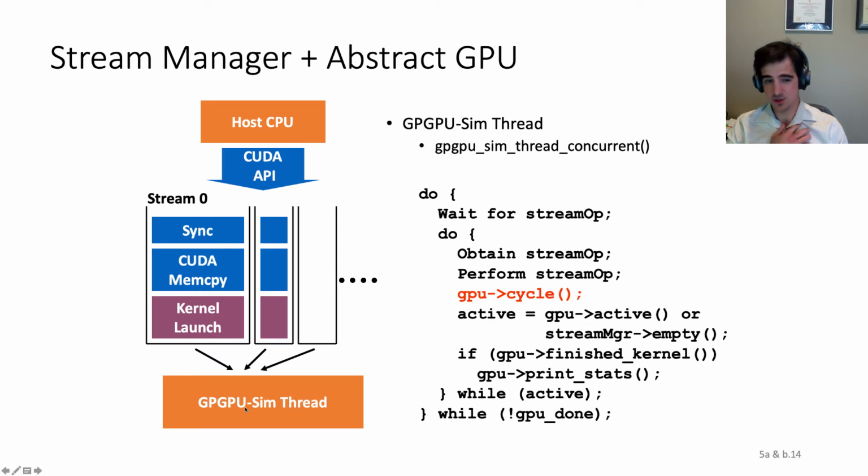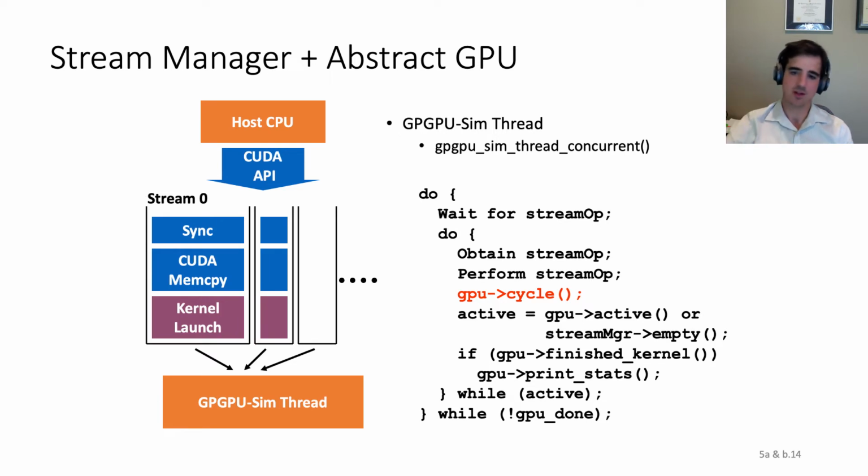Now, the reason that we do this is because we want to allow the CPU to keep doing whatever it's doing if it's not waiting for some specific synchronization event. So for example, if the CPU code queues up 50 kernels, there's some loop where you're just continuously calling a kernel without copying back, without synchronizing, we want it to operate in that way in the simulation as well.